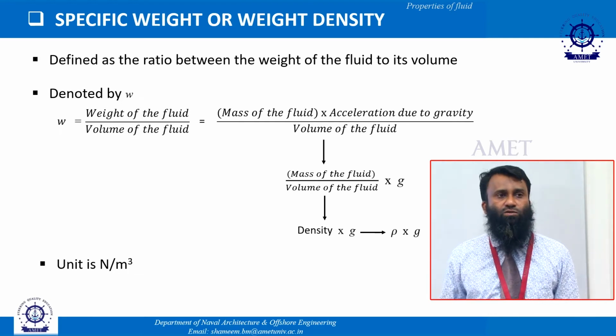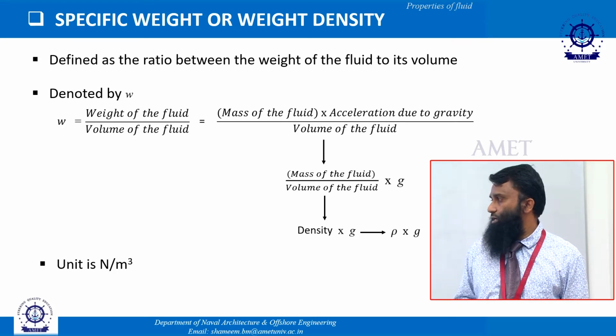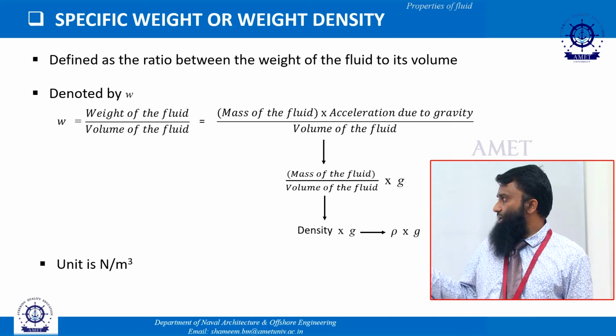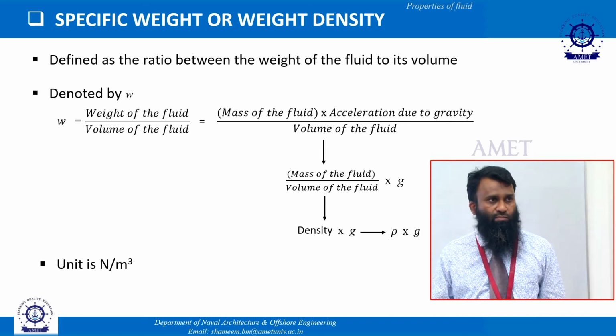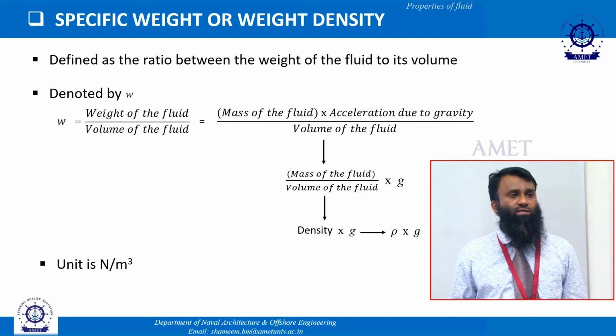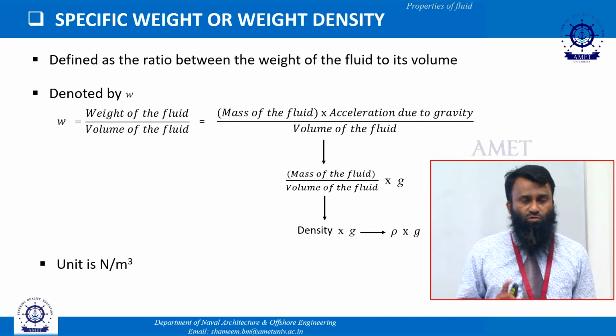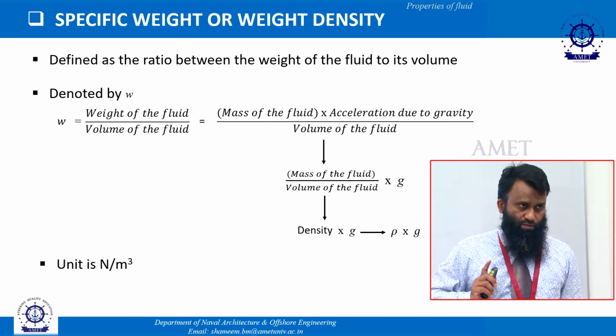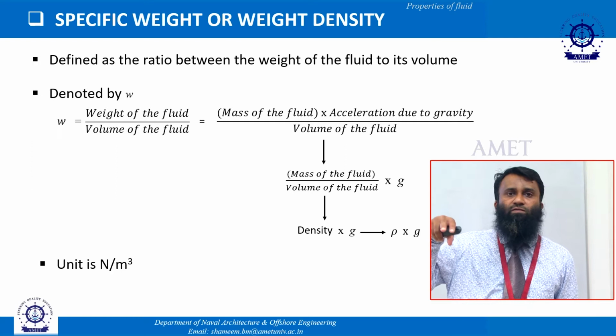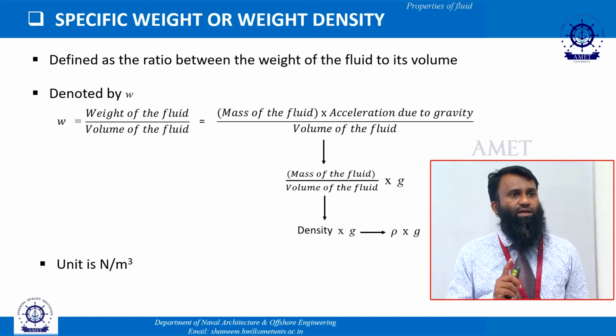It is nothing but mass into acceleration due to gravity. So, I can rewrite the expression as mass of the fluid by volume of the fluid, which is nothing but mass density into acceleration due to gravity g. So, what is my weight density? It is nothing but rho into g. If I multiply mass density with acceleration due to gravity, I will get weight density.